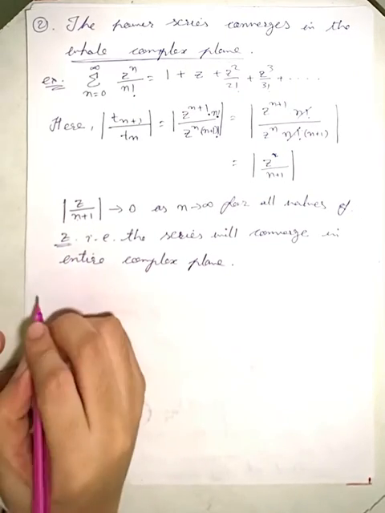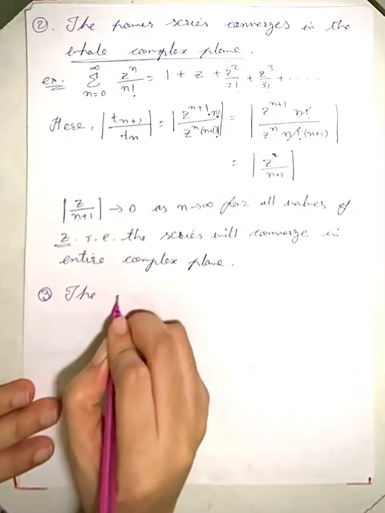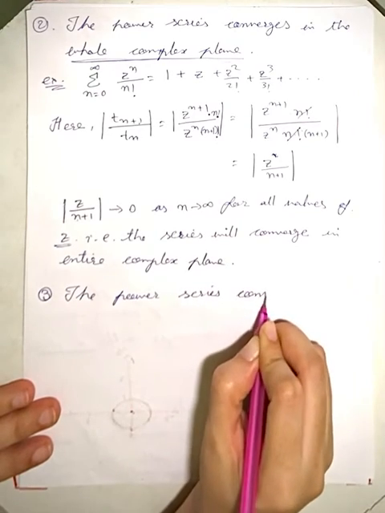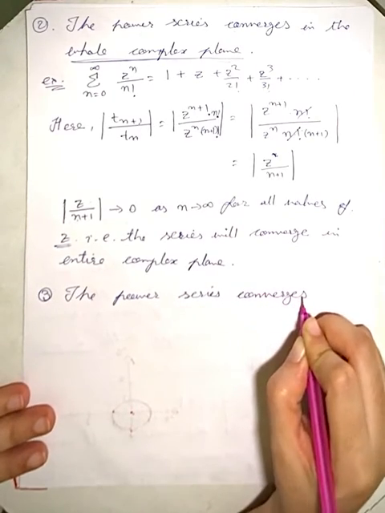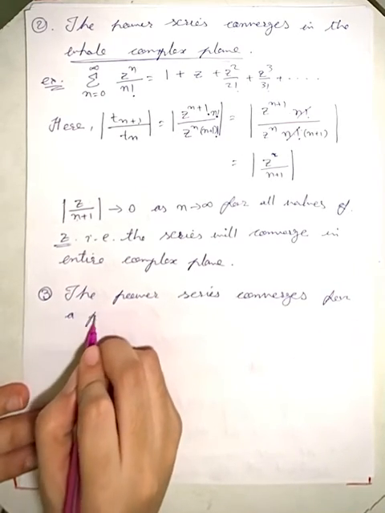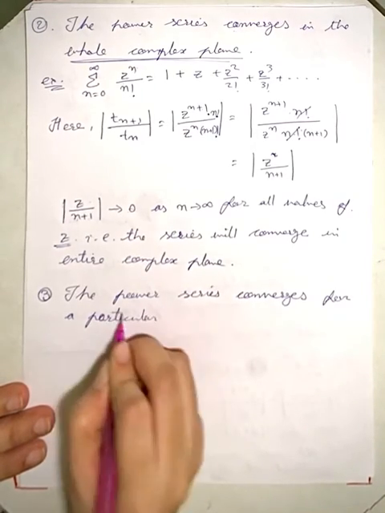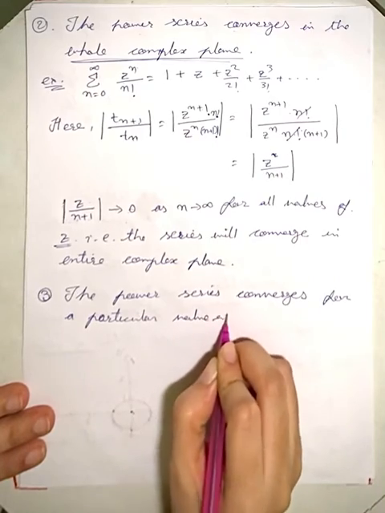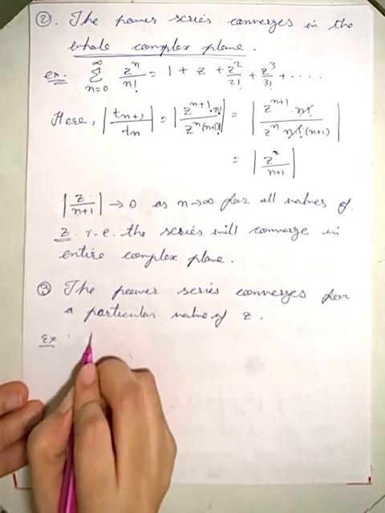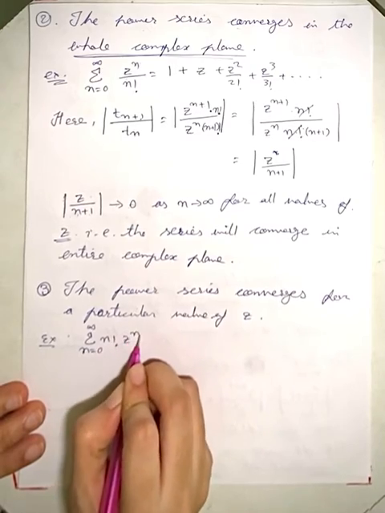And then the third type of convergence is that the power series converges for just one particular value of z. For example, you are given a function like n factorial into z to the n.